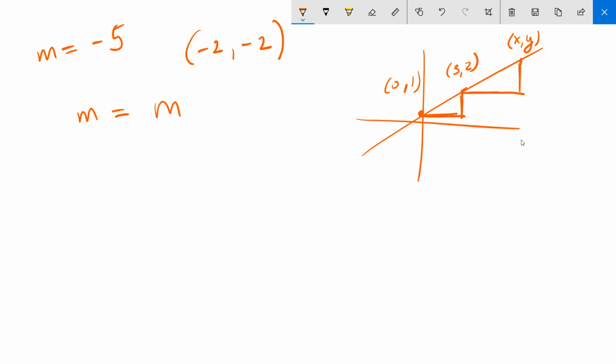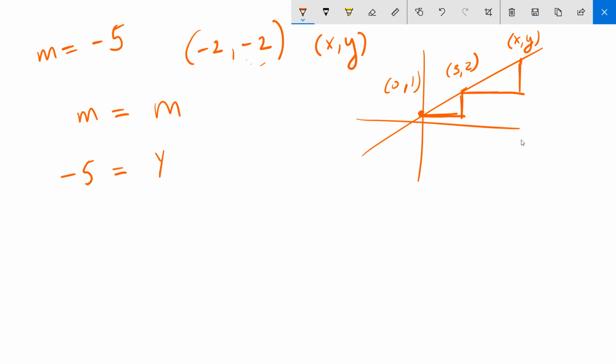Well, they tell us the slope is -5, so I'm going to put that on this side. And then on the other side, I'm going to put the rise over run. So I'm going to take my point that they give me, and I'm going to take another point, which is an unknown x and y, and I'm going to figure out the rise over run here. The way I do that is I take the difference between the y's.